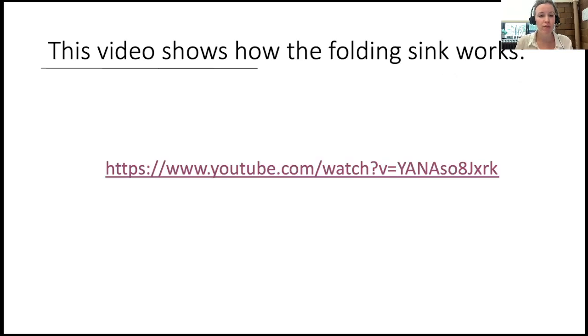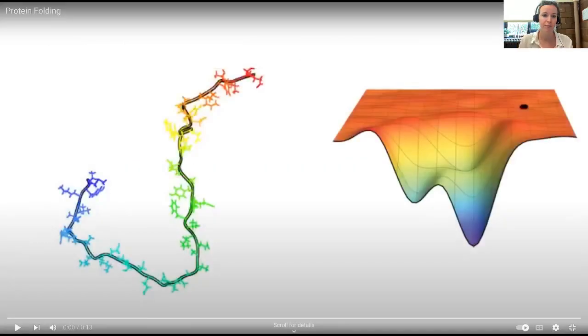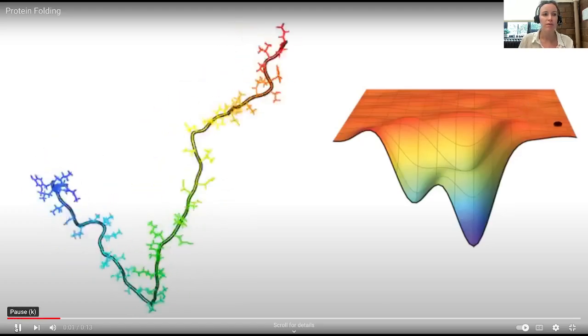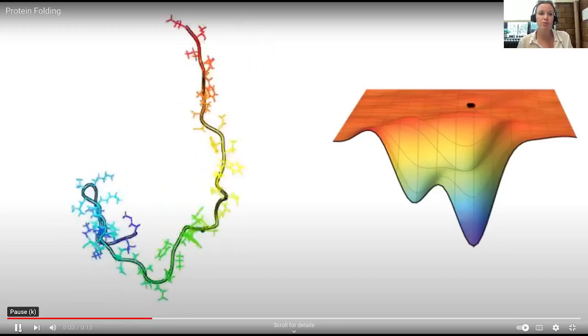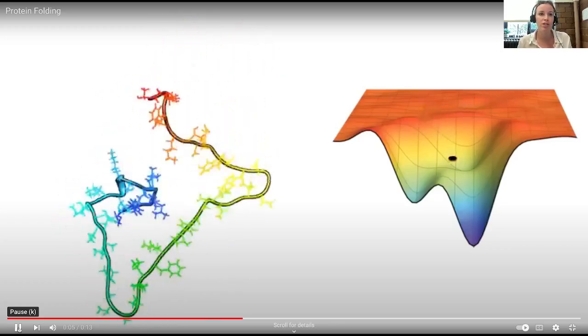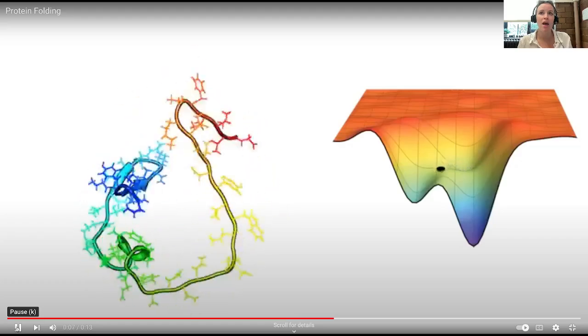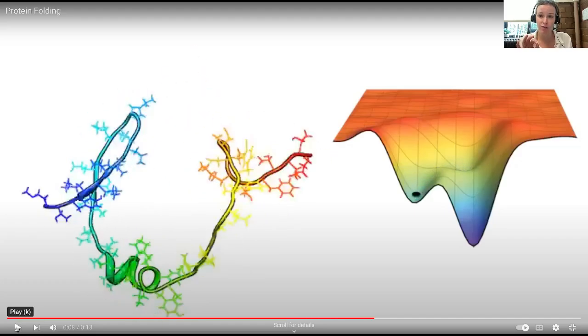Now I'm going to show you a video that kind of in real time shows how a protein is folding. So in this video, what you'll see is that the first thing that happens as we find a lower energy conformation is that some aspects of secondary structure start to form.